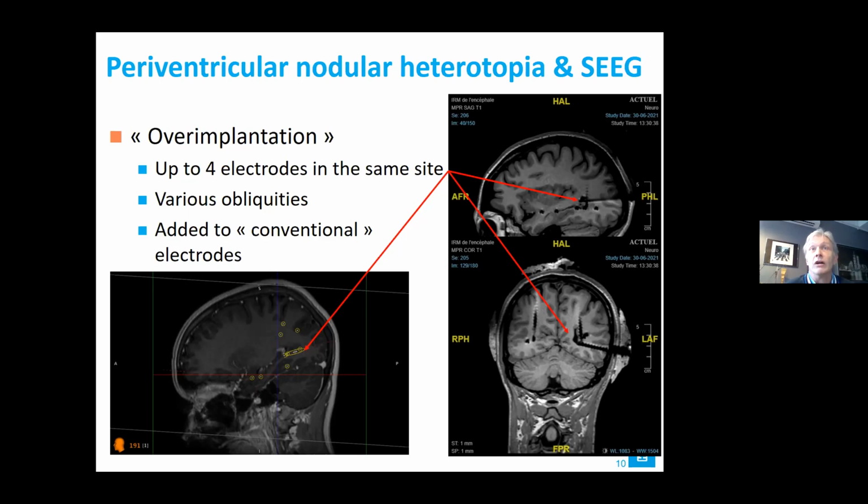Electrodes come from the upper side, as you can see, from behind, from the lateral side, which allows a proper investigation of the overlying normotopic cortex of the heterotopia. Of course, we do add conventional electrodes on distant normotopic cortex, which needs to be investigated.